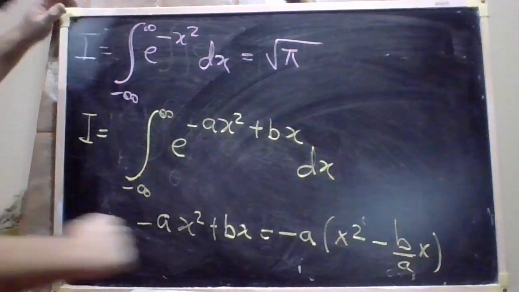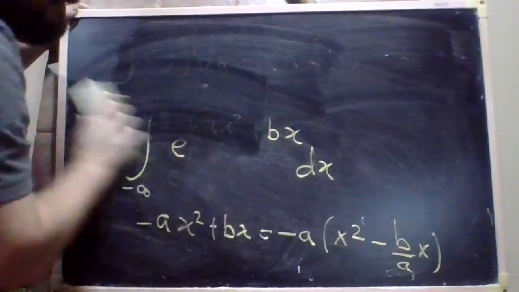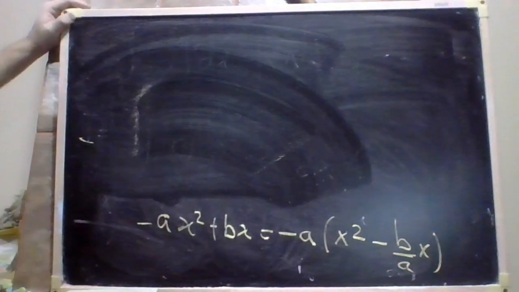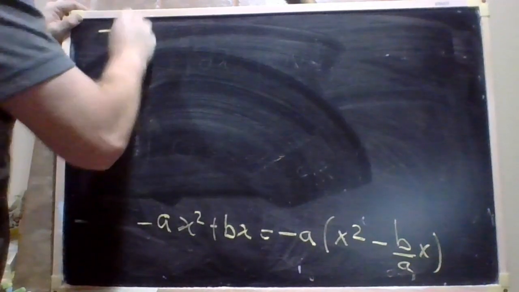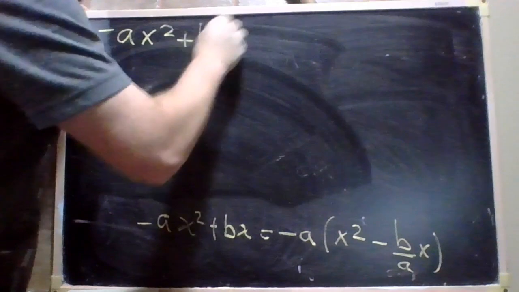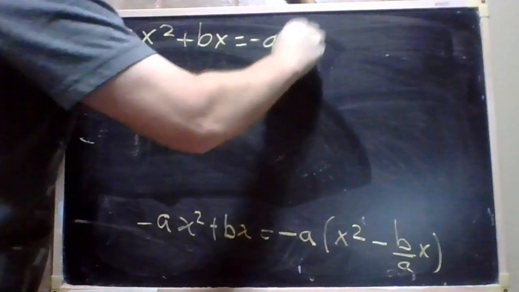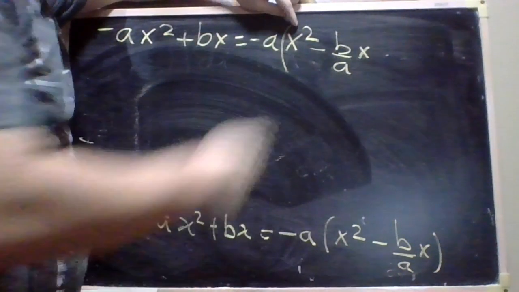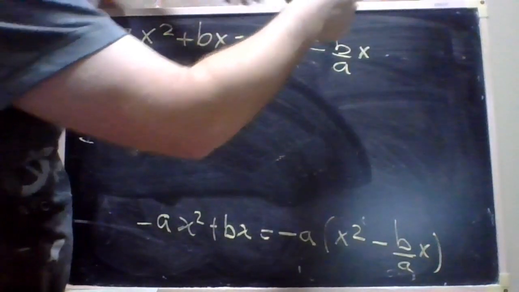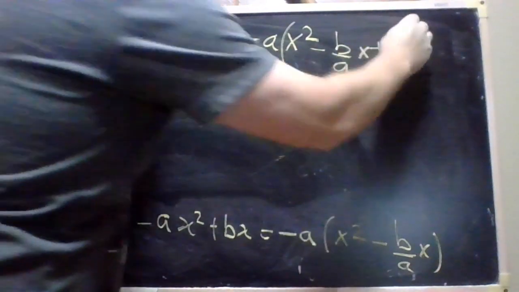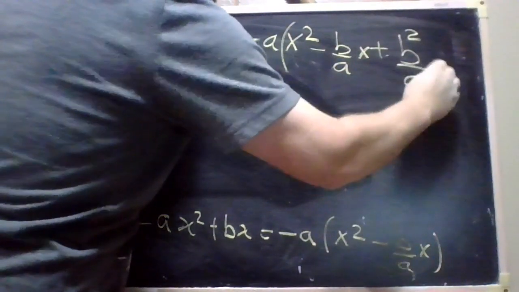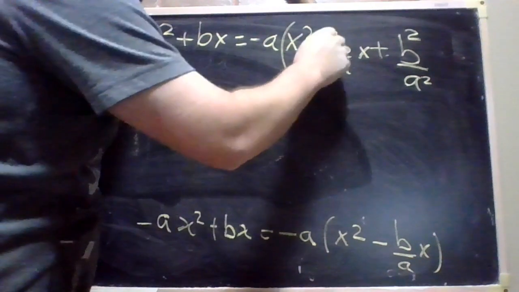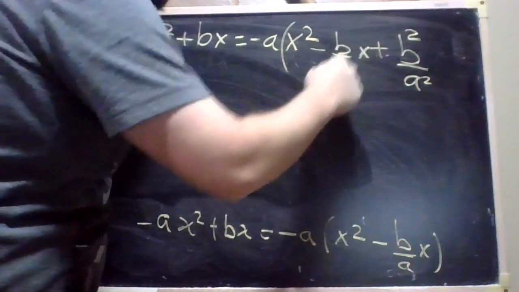All right, so one step further, you can complete the square. To complete the square here, minus ax squared plus bx is equal to minus a times x squared minus b over a x. And if I want to put x minus something, all of that squared, I must sum the square of this number, b over a, and to get the factor 2 here, I need to have a 1/2 for the constant b over a.